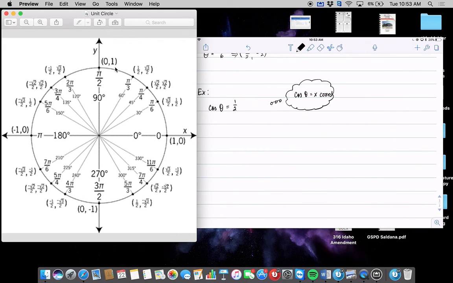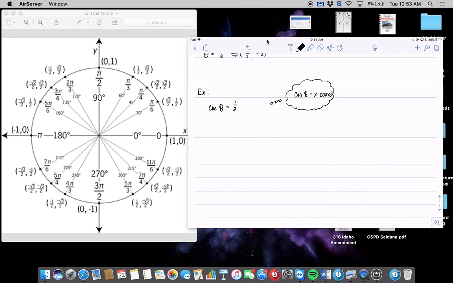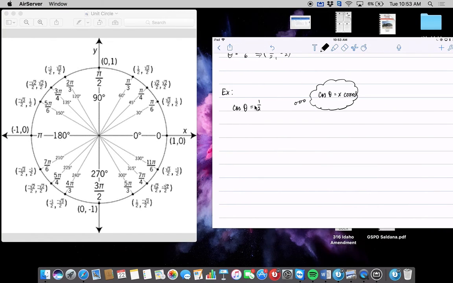Everybody has this on their little green paper, and I hope you're ready for the quiz that will probably take place on Thursday. Now I have that cosine of theta is equal to 1/2. So I need to look for the x-coordinate on the unit circle such that the x-coordinate is 1/2. I see that first happens at this radian value. Whenever theta is equal to pi over 3, we have that the x-coordinate is 1/2, or we can also say 60 degrees.